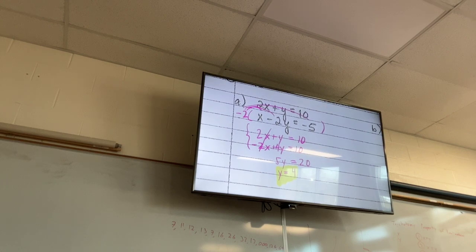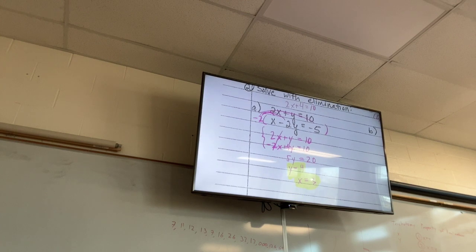And then once I have y equals 4, to get x I can just plug it back into any of these equations up here. So 2x plus 4 equals 10. That's solved by x equals 3. You know how to solve that. All right, so there's one solution here. There's one pair of solutions.